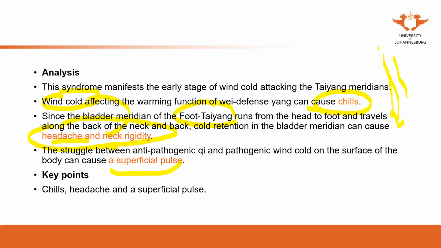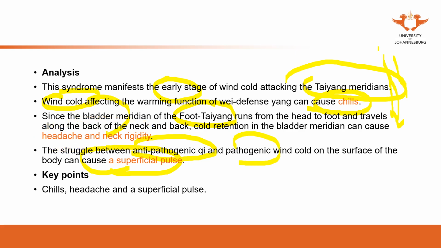The pulse is floating. That's because this is the initial stage. In the early stage, the pathogen attacks the Taiyang meridian, the superficial level of the body. So the wei defensive qi or the anti-pathogenic qi fights with the pathogens in the superficial level of the body.